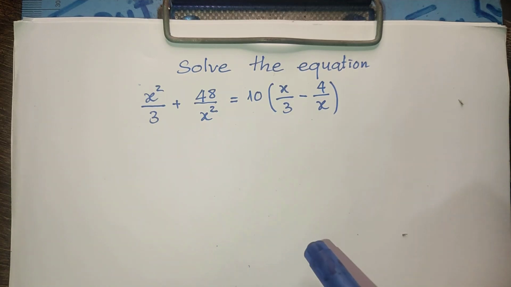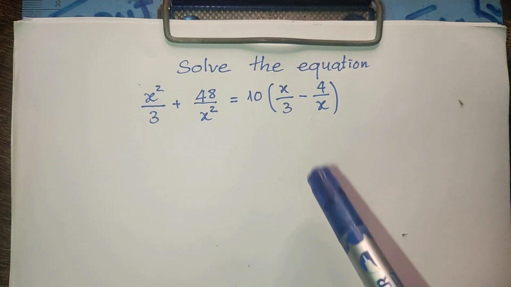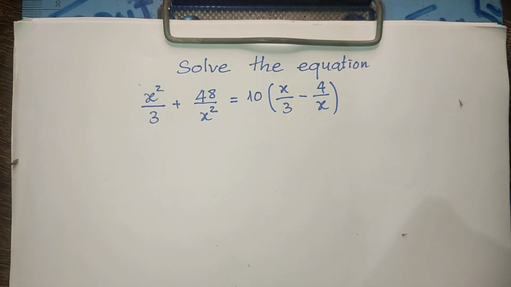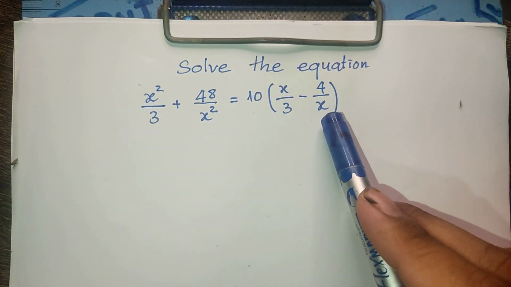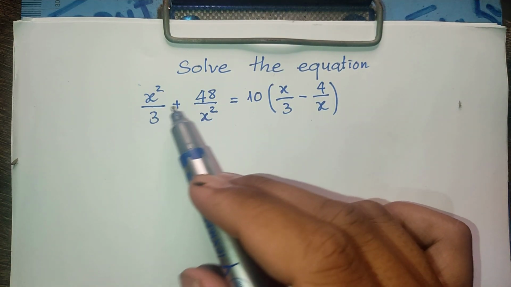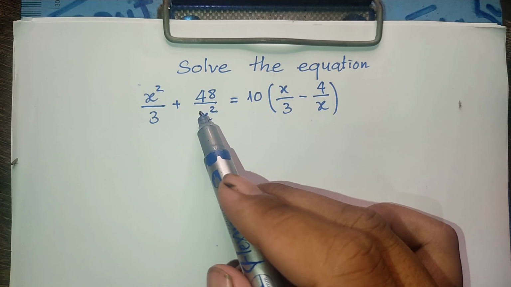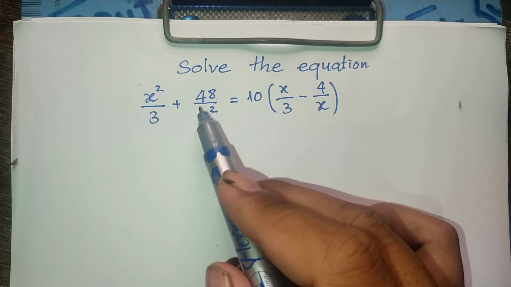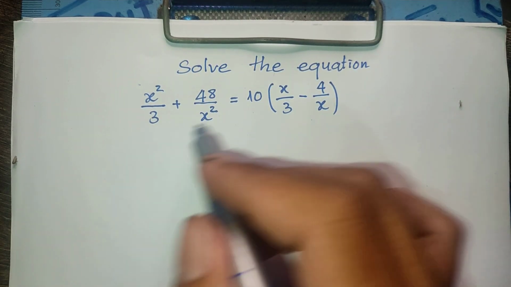To solve this equation, we do not use divisor required. Now I use this trick. You see that x divided by 3 and minus 4 divided by x.